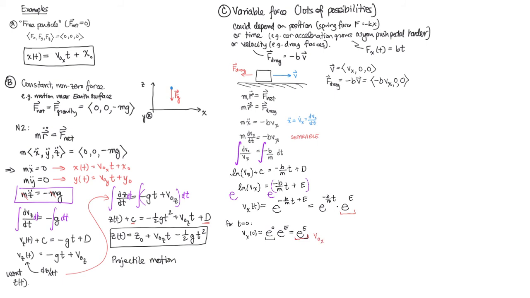So we can just replace that with v naught x. So when we think about v_x as a function of time, it's going to be equal to the starting velocity v naught x times e to the minus b over m t, like so.